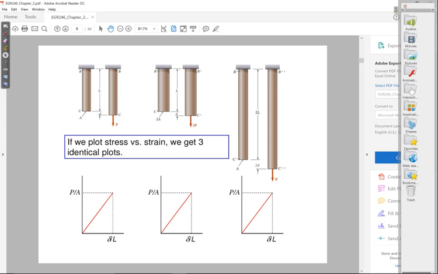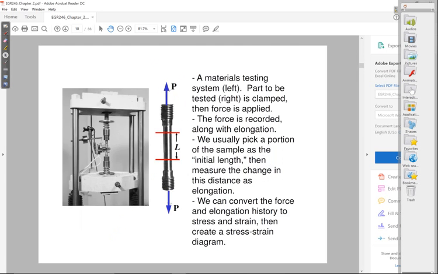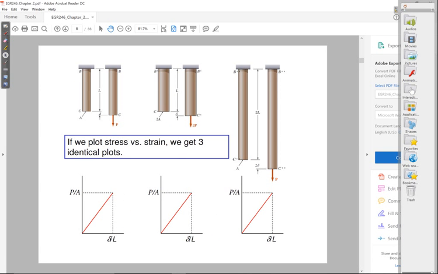So the nice thing about such a straight line is that you only need one value to represent this material property. And as you could probably imagine, that's the slope of the line. So this value of slope is what we refer to as Young's modulus.